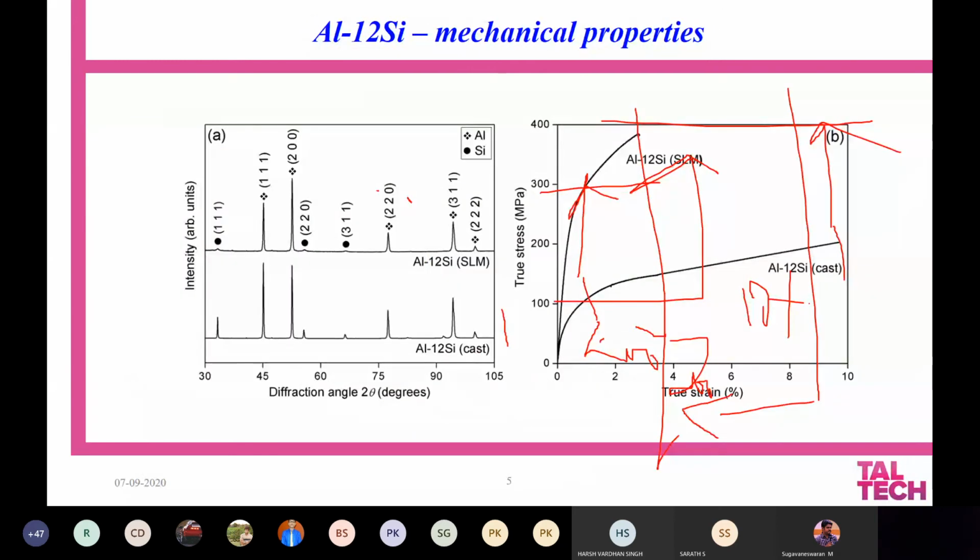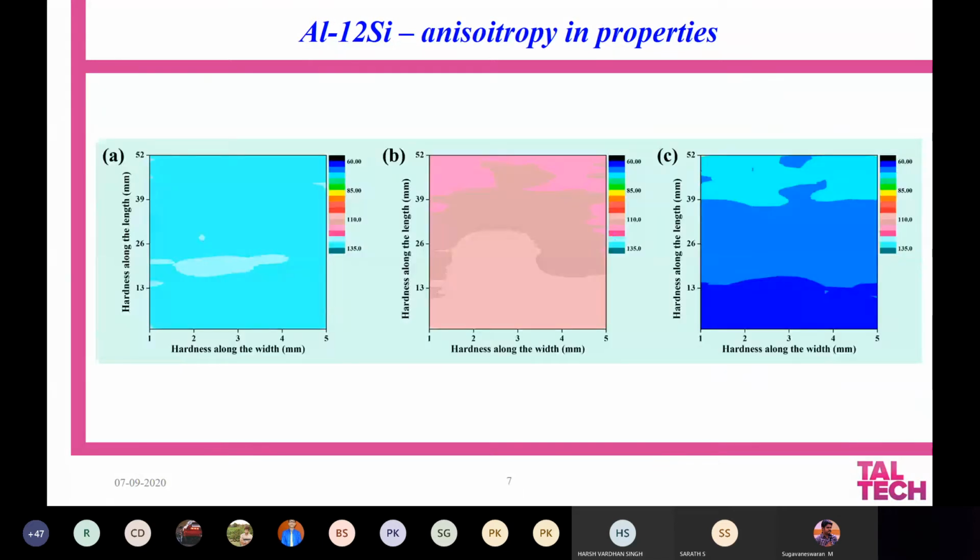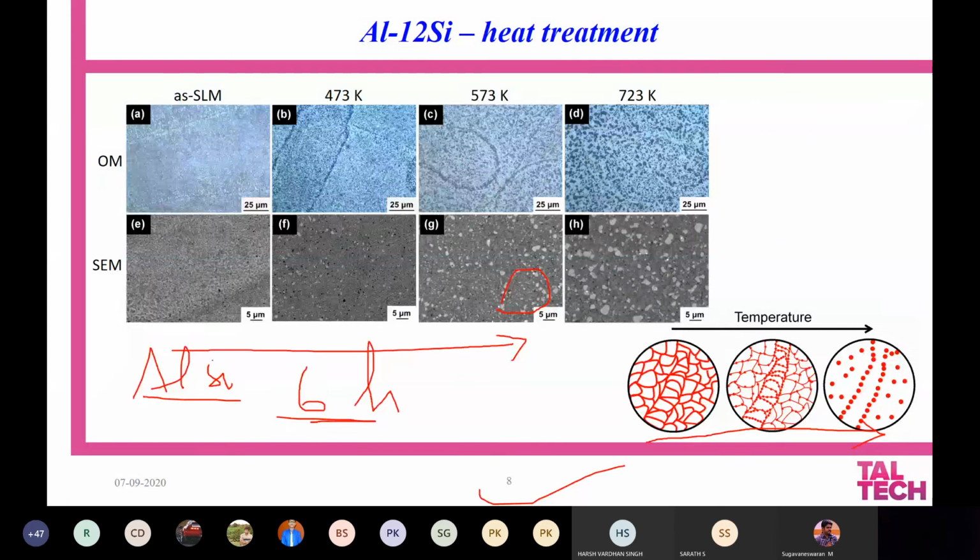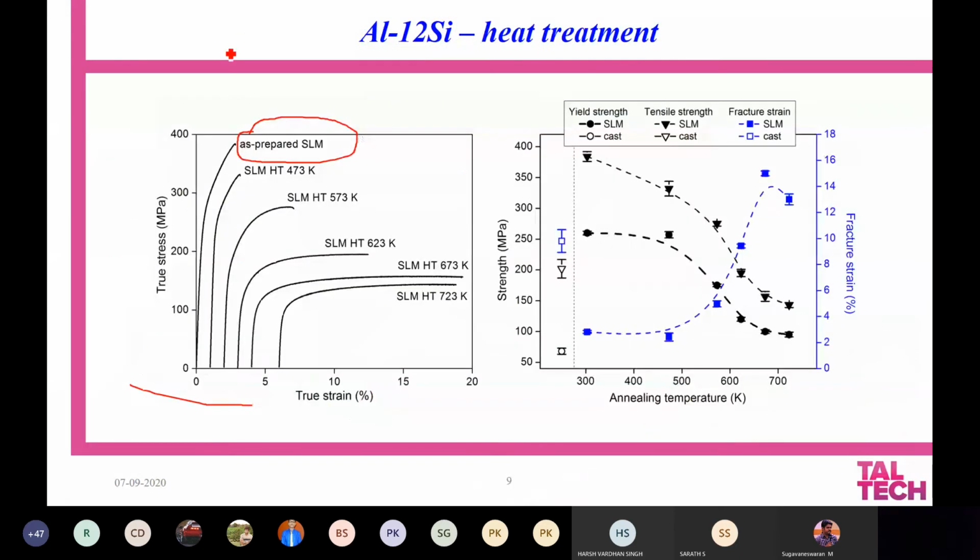The yield strength is around 240 megapascal. The ultimate strength is around 385 or 400 megapascal, but the ductility is reduced to 3 to 4%. The same thing you can see here for the as-prepared sample: the yield strength is quite high, the ultimate strength is quite high, and the ductility is reduced to 3 to 4 percent.